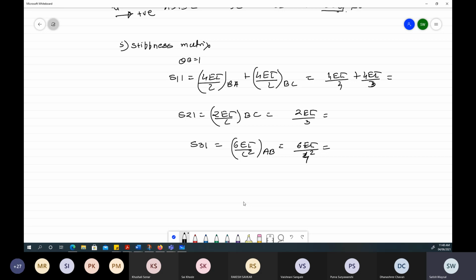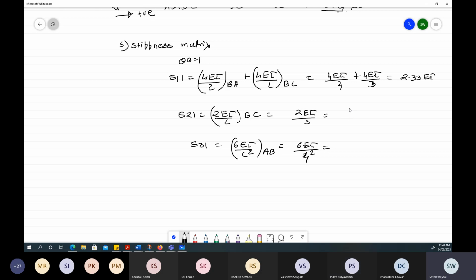So can you tell me the answers? S11 equals 2.33 EI. S21 equals 0.66 EI.